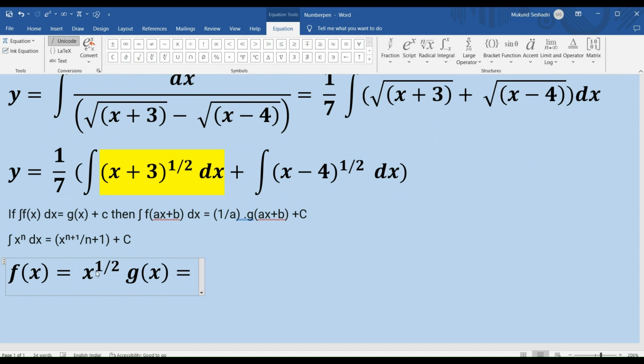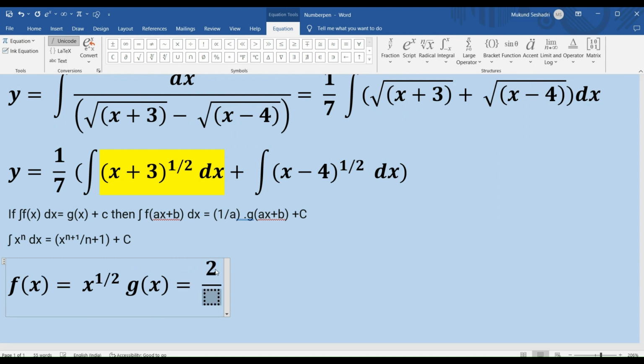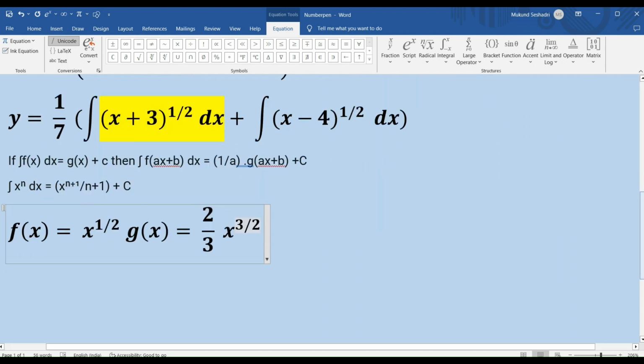So which is nothing but x to the power 3 by 2 divided by 3 by 2, which is nothing but 2 by 3 times x to the power 3 by 2. And in place of x, I have x plus 3 for the first expression, right? So what is my ax plus b? My ax plus b is nothing but x plus 3, which means my b equal to 3 and my a equal to 1, right?